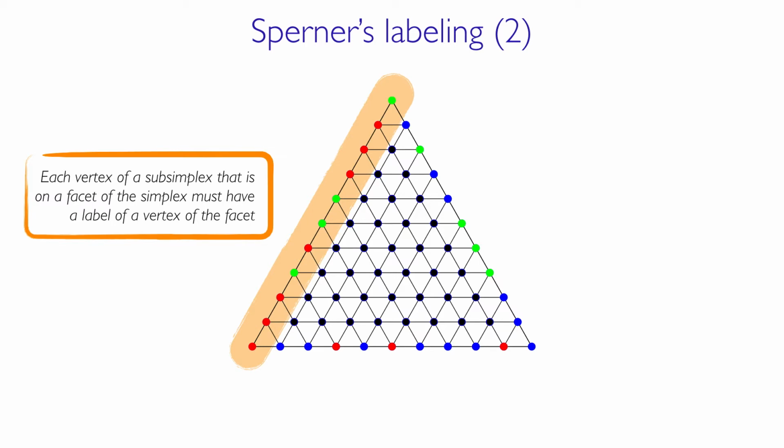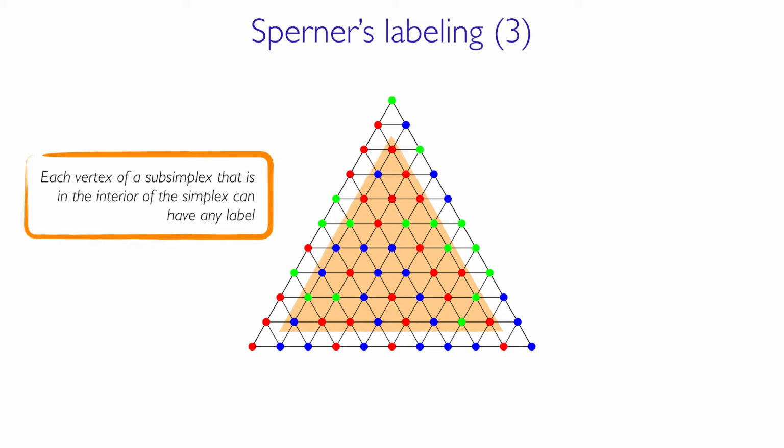So all the vertices of the subsimplices on this facet can be colored only in red or in green. Finally, consider the facet in orange. The vertices of the simplex belonging to this facet have the blue and green colors. So all the vertices of the subsimplices on this facet can be colored only in blue or in green.